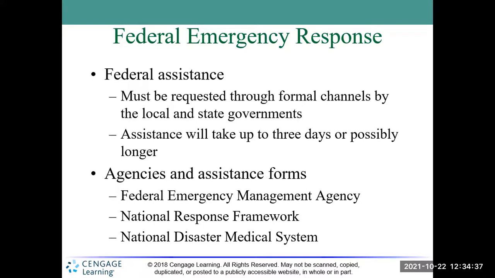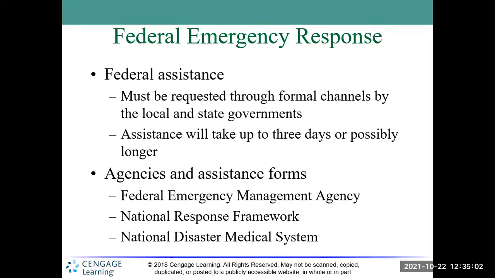So the federal emergency response system entails federal assistance, and that has to be requested through those formal channels by local and state governments. And of course, it can take up to 3 days or even longer to get that assistance response. And then, of course, there are tons of forms, agencies and assistance forms.